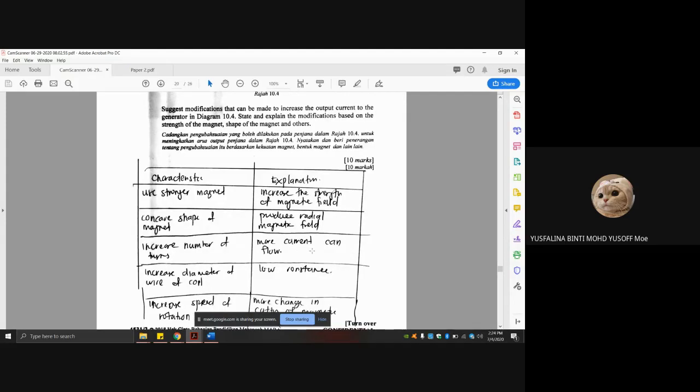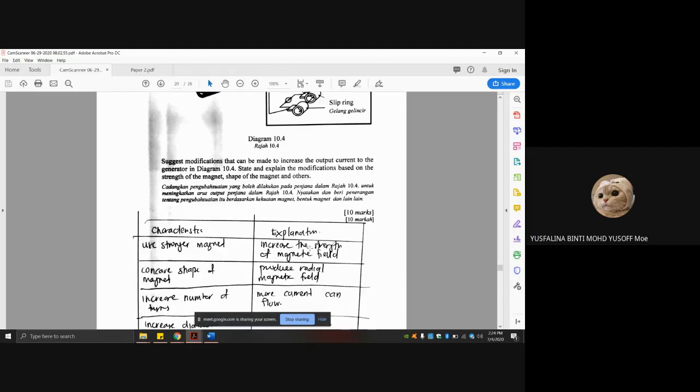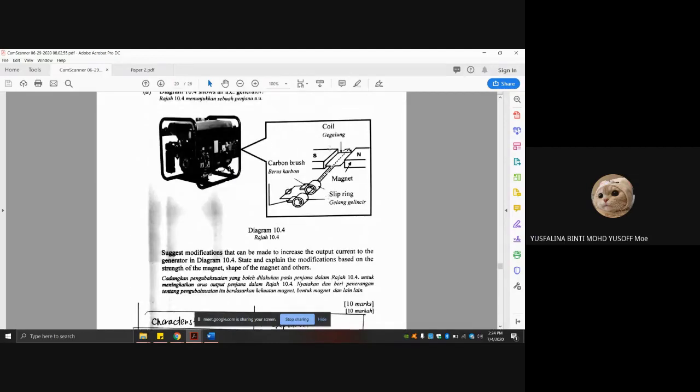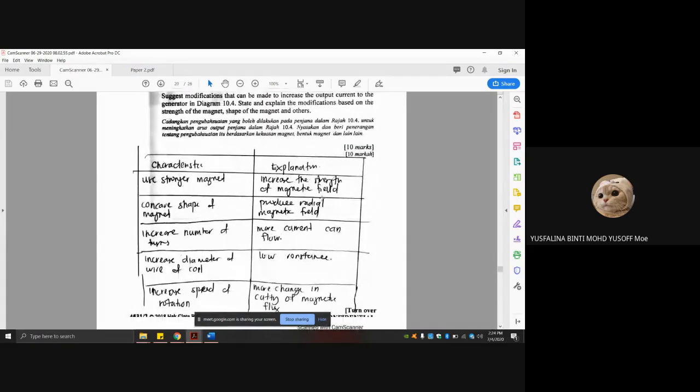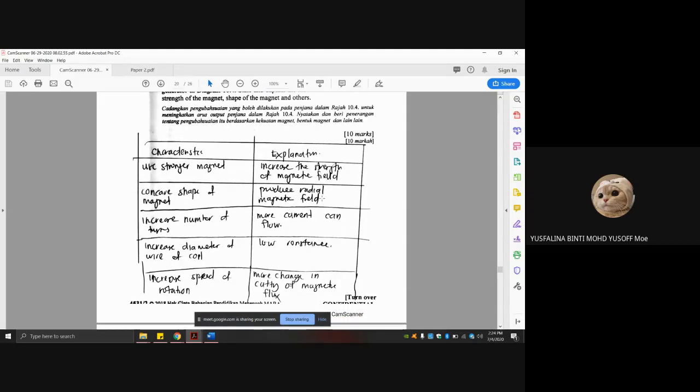And then the third one, increase number of turns. So you use 2 or 3 layers of coil here, so more current can flow. Increase the diameter of wire of coil, so this lowers the resistance.